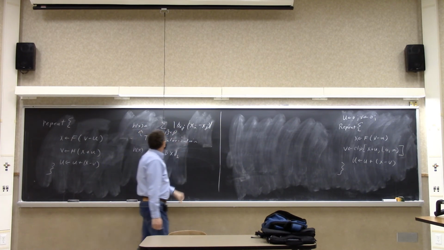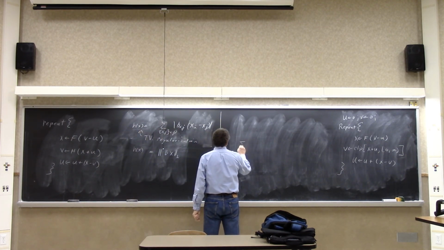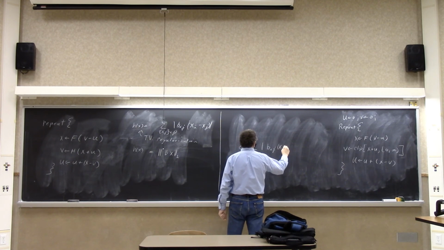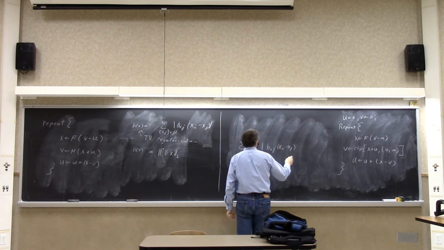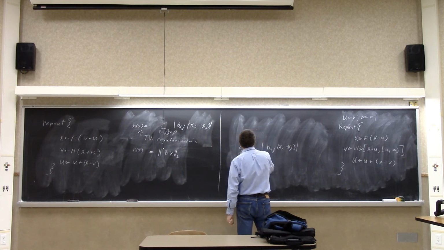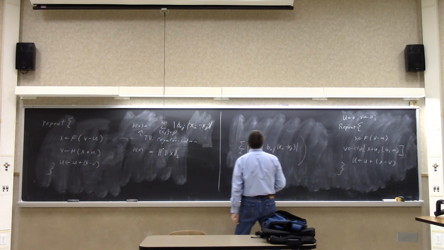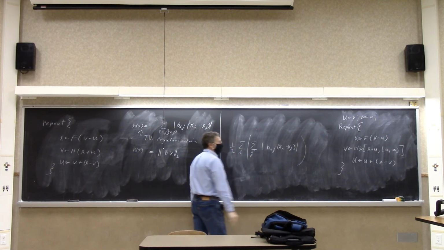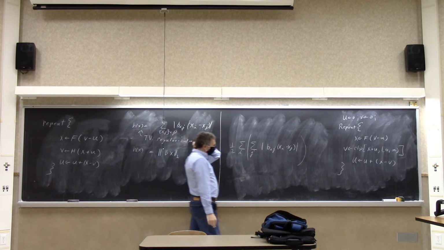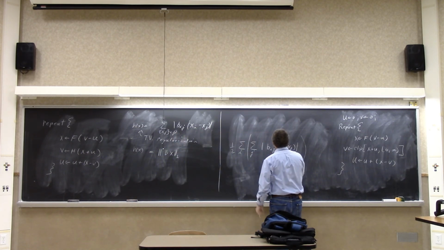The way I can do this is as the sum over i, and then the sum over j, and then I can make this the absolute value of b_ij times x_i minus x_j, right? And then I can divide by 2, because then I'd be hitting each pixel pair twice.